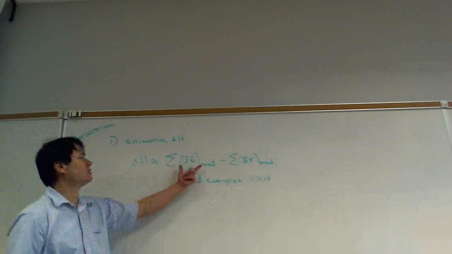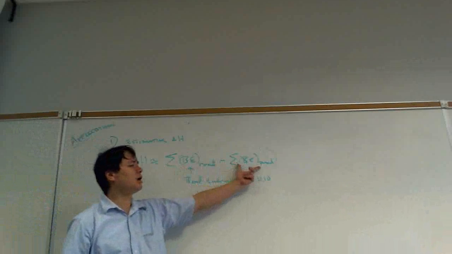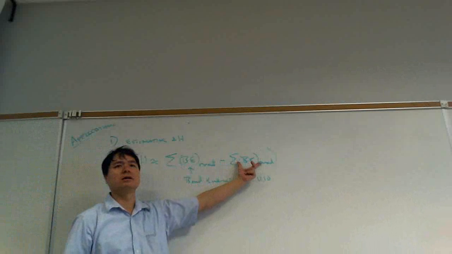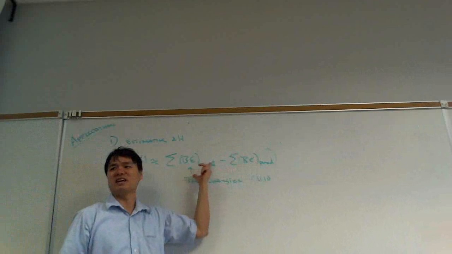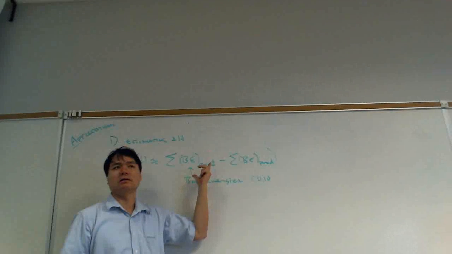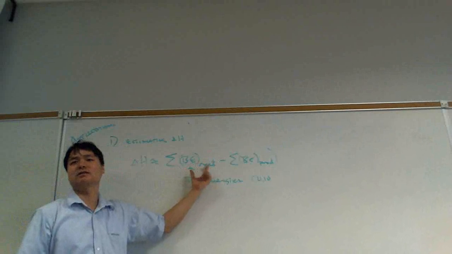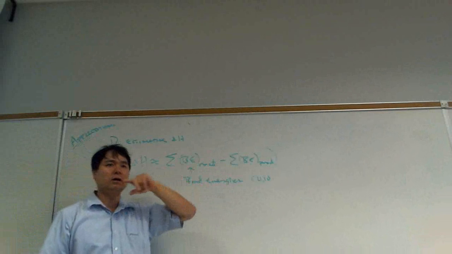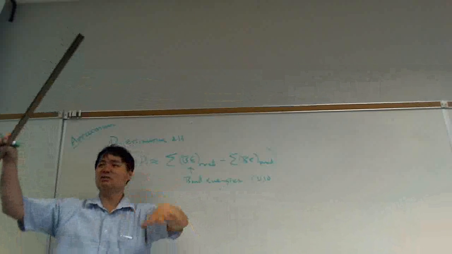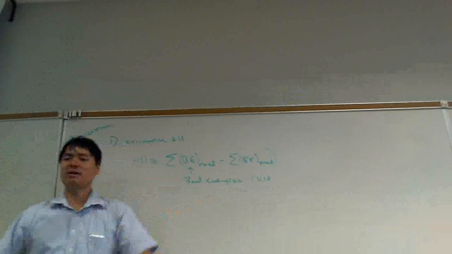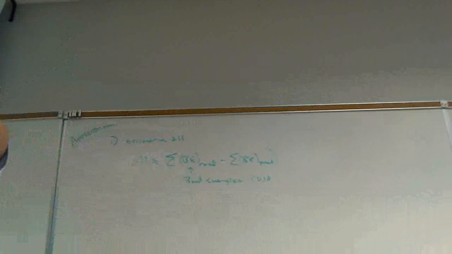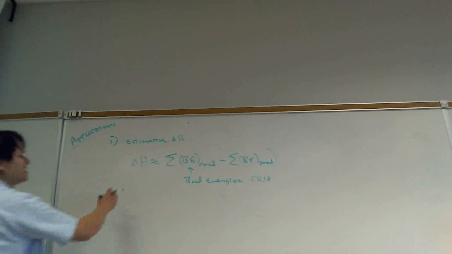And so all this says is if we have stronger bonds in the product, that is going to make this exothermic. Stronger bonds in the reactant is going to make it endothermic. That's all. We want to go from less stable to more stable. That's favorable. So that's the application. No, actually, this application is chapter 10.